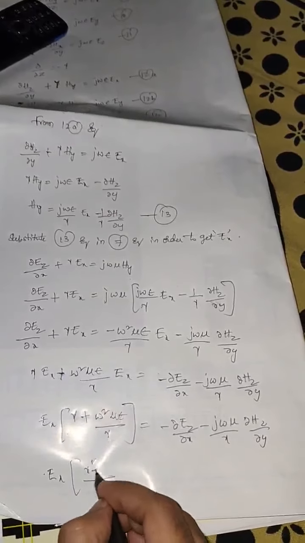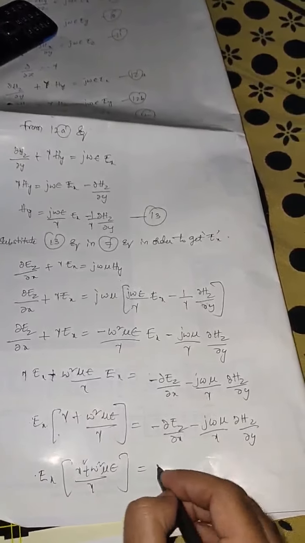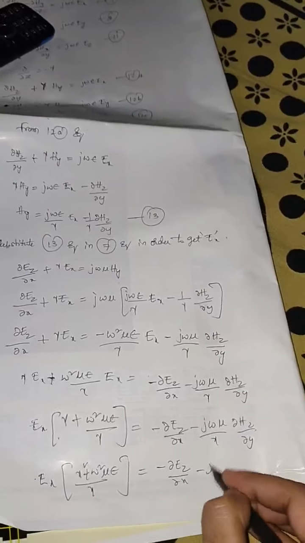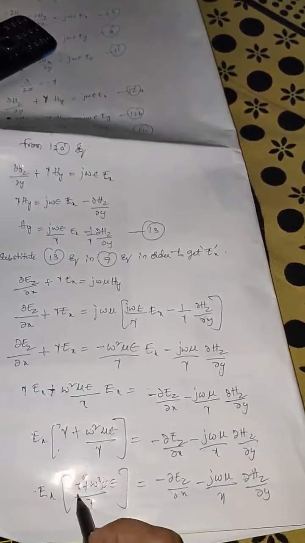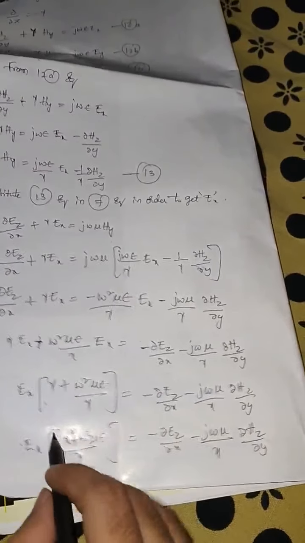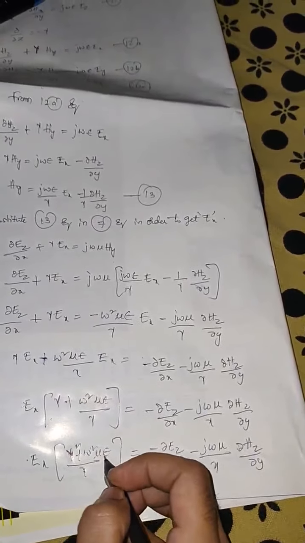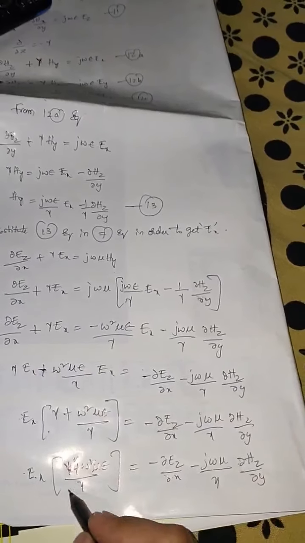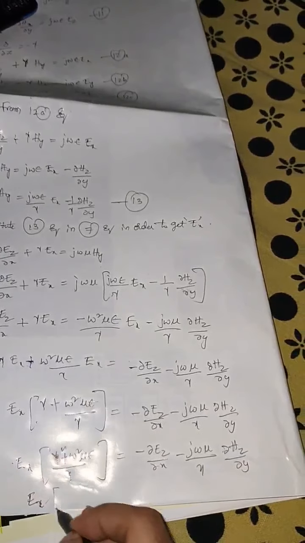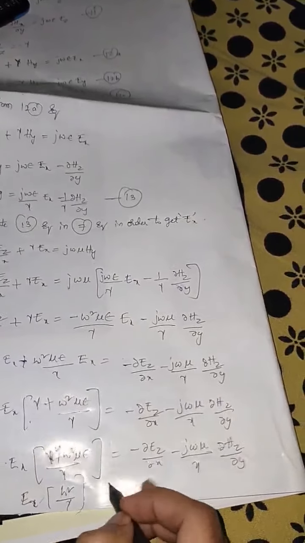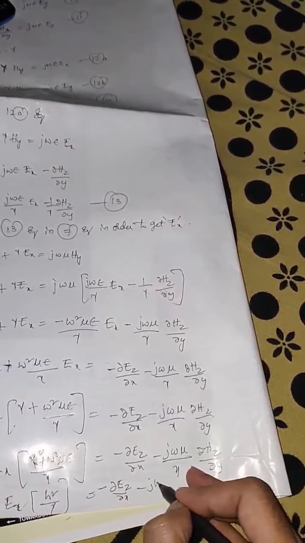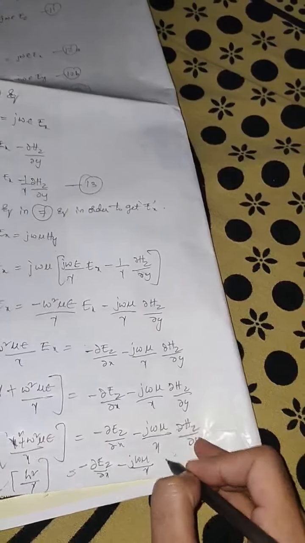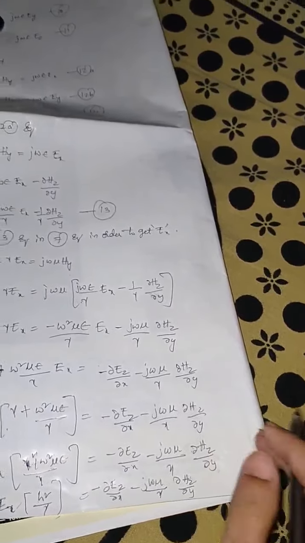So gamma square plus omega square mu epsilon is equal to minus dou ez by dou x minus j omega mu by gamma dou hz by dou y. So here gamma square plus omega square mu epsilon, we have already taken that as h square. So we can write ex h square by gamma, which is equal to minus dou ez by dou x minus j omega mu by gamma dou hz by dou y. So by using this equation we will get the ex value.